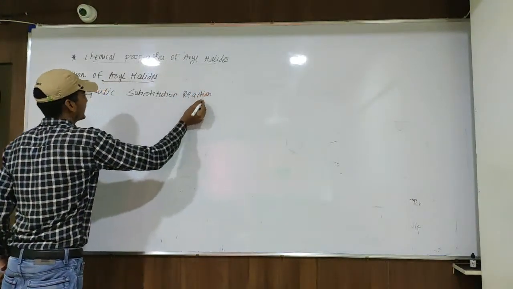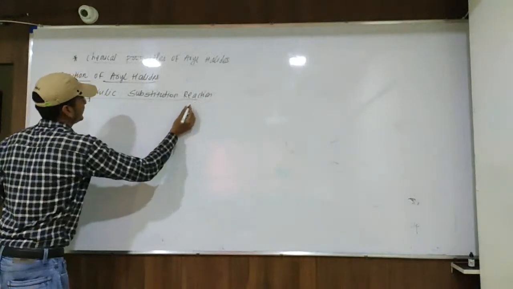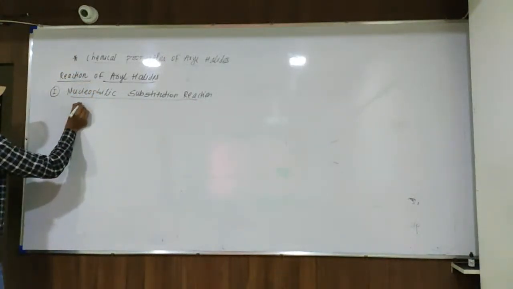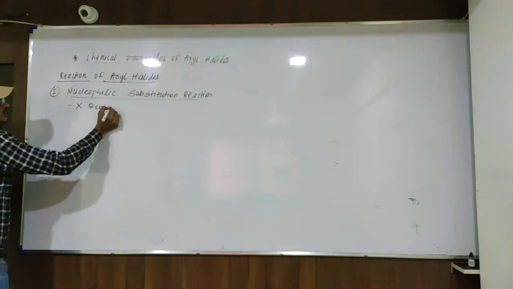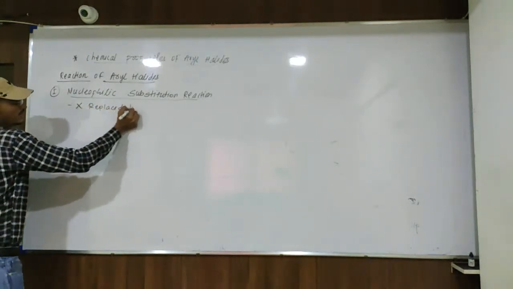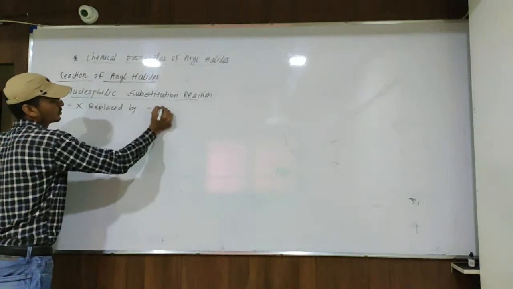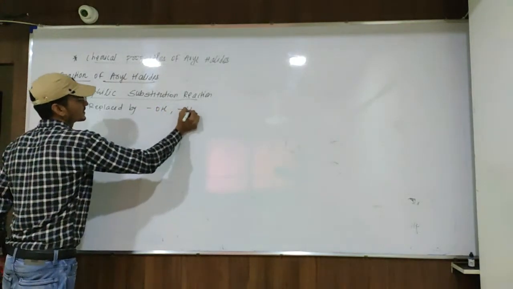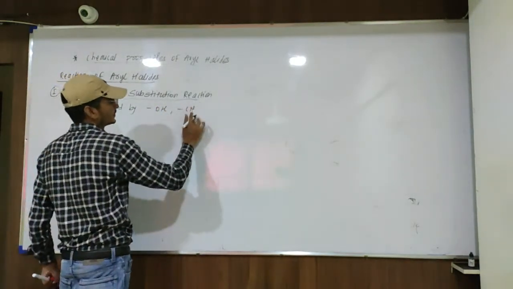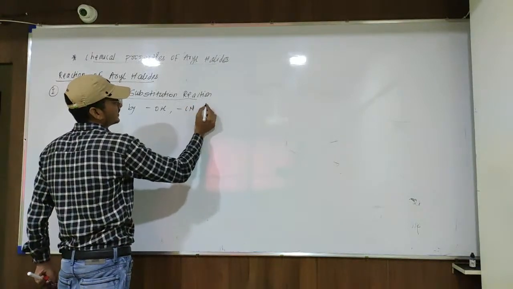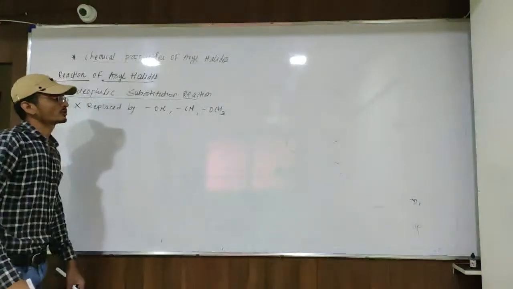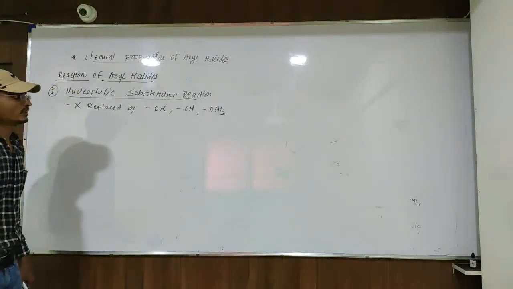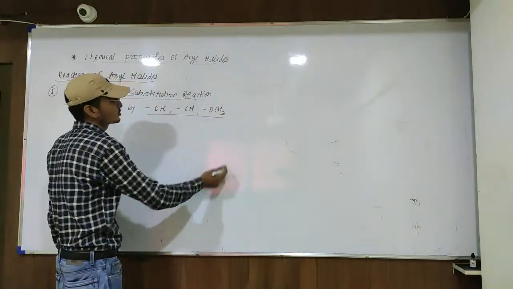Okay, so in that case what is the halogen replaced by, बघा X, that is the halogen replaced by sometimes OH, sometimes cyanide, sometimes you can replace that halogen by OCH3 group, that is a methoxy group.